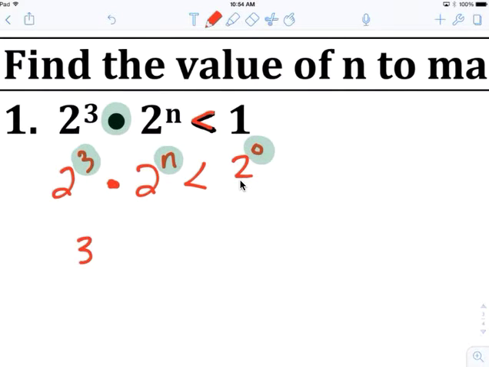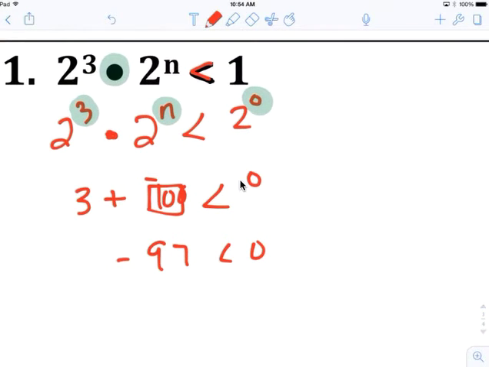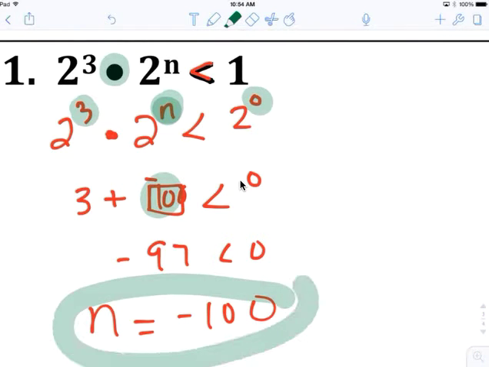So 3 plus what is less than 0? There's many, many numbers. 3 plus negative 100, or negative 97, is definitely less than 0. So n then, I'm going to make n equal negative 100. You can put anything you want, but that's how I find what n is, okay?